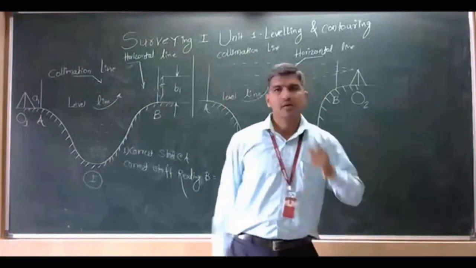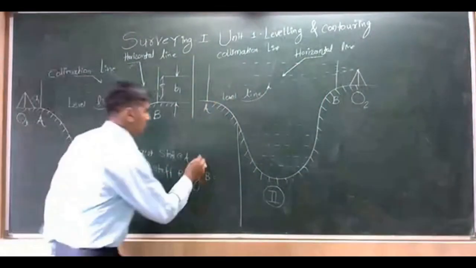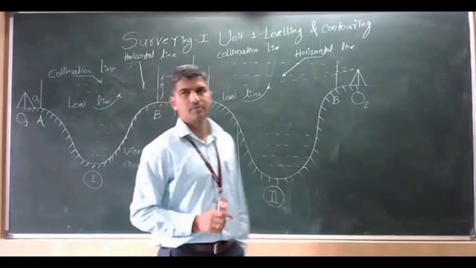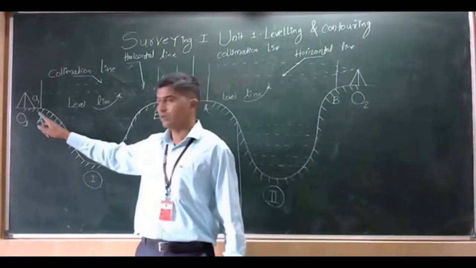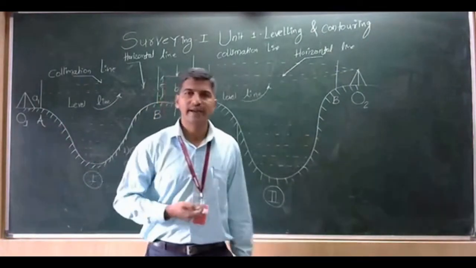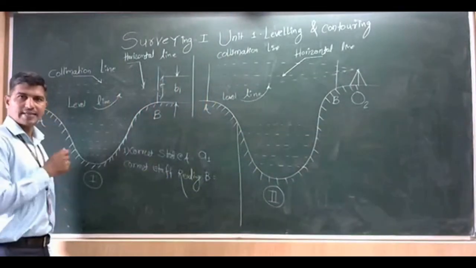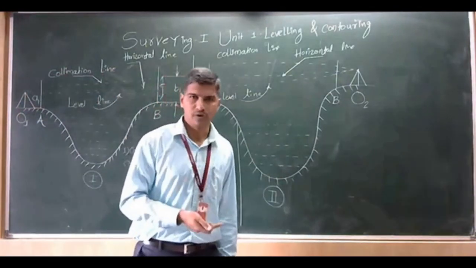Okay, let me explain. Correct staff reading at point A is A1. Now you will say that the line of collimation is not exactly horizontal; it is inclined upward.